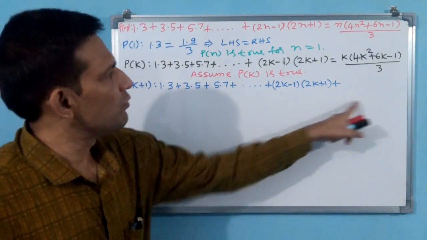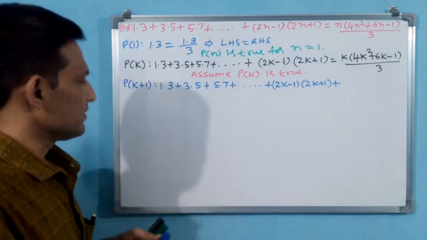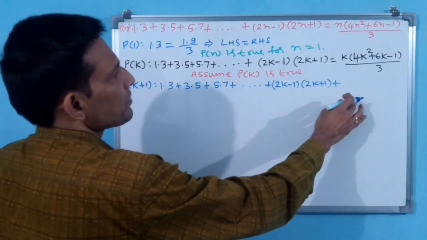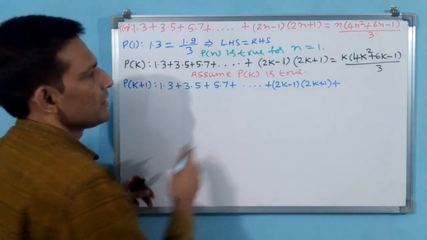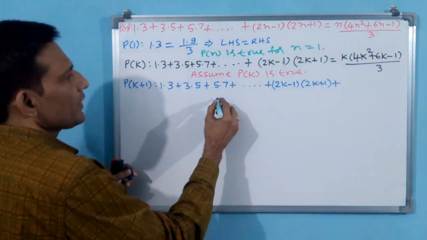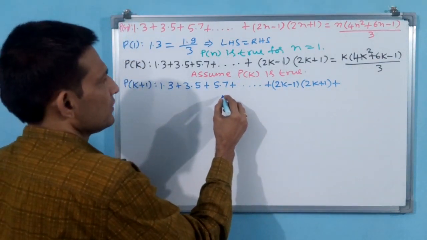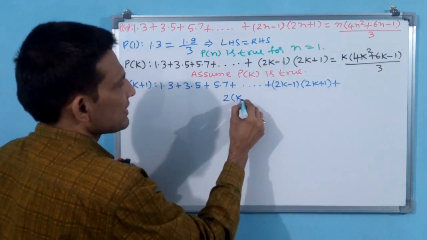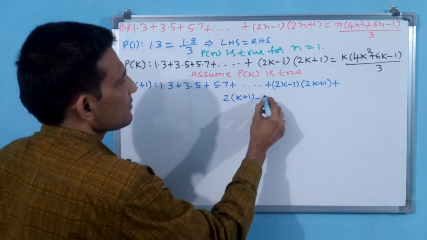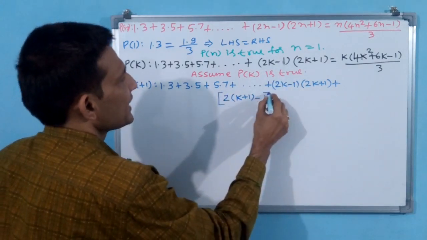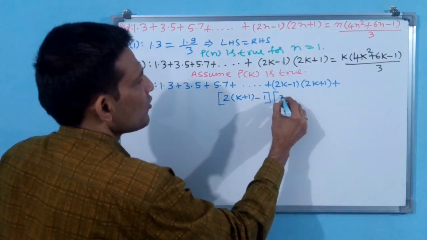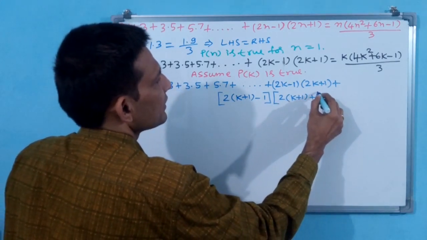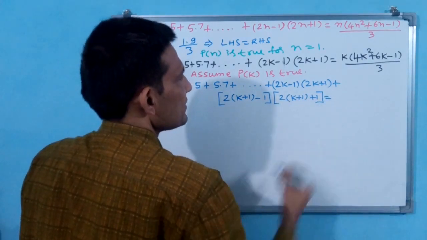I am writing here both LHS and RHS continuation. Okay. You see what I am writing here. Here I think space is not enough. Okay, you see how I am writing: 2 into k means k plus 1, k plus 1 minus 1, you put brackets, into 2 into k plus 1 plus 1, you put brackets, that is equal to.